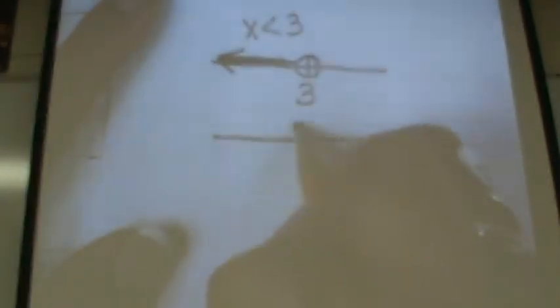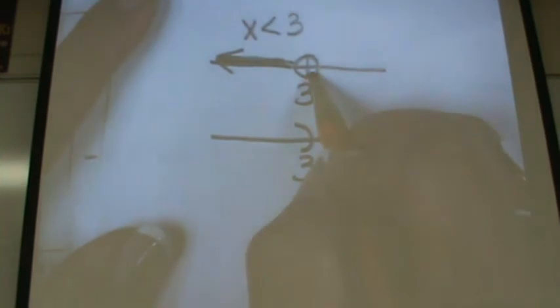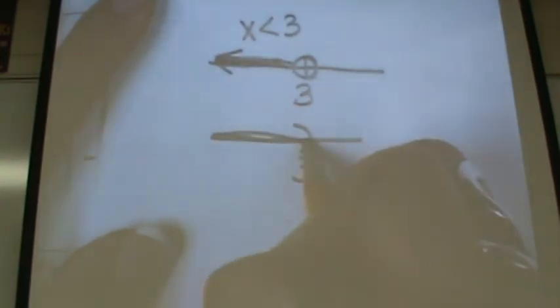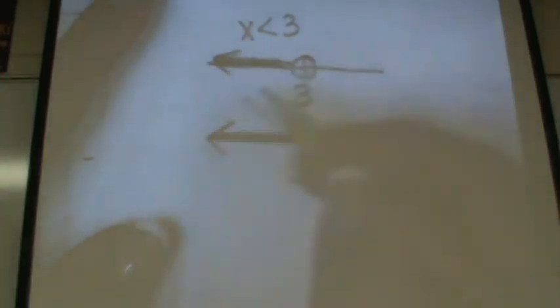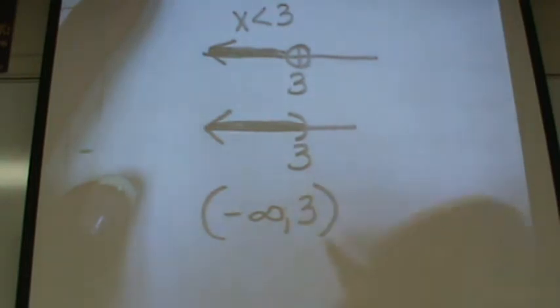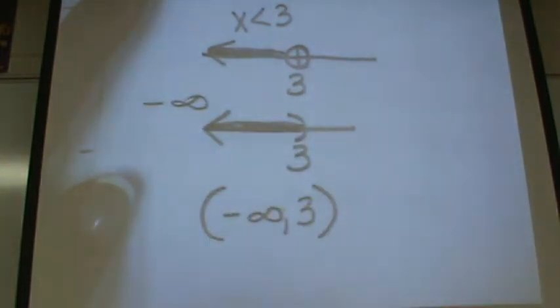But in Precalc, instead of an open circle, we use parentheses. This is called interval notation. Now, how do you write this? It looks like this, -infinity to 3. It looks like an ordered pair, because you read the graph from left to right. This is -infinity right here.